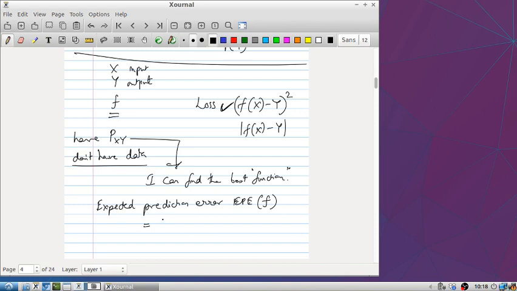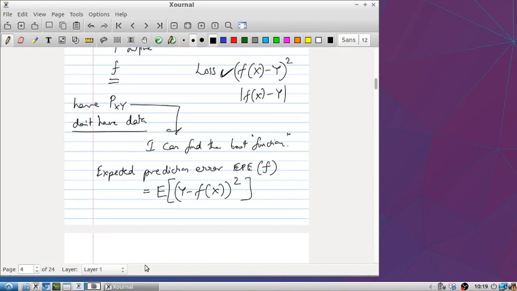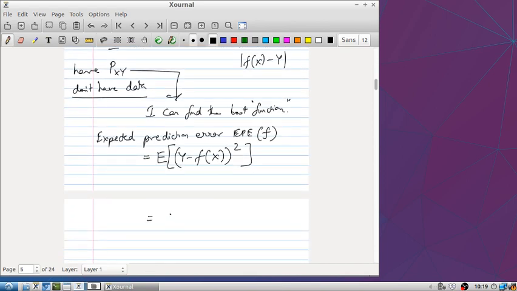Because my x and y are random variables, they can take different values simultaneously. So let me call this the expectation of y minus f of x, squared. All I'm saying is, because x and y can take different values simultaneously, I'm going to average them out.